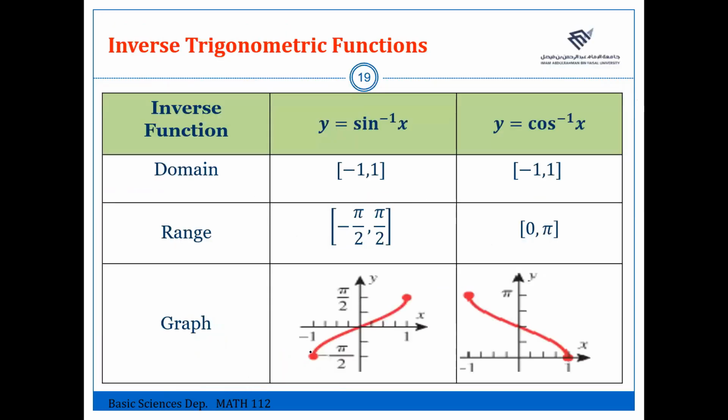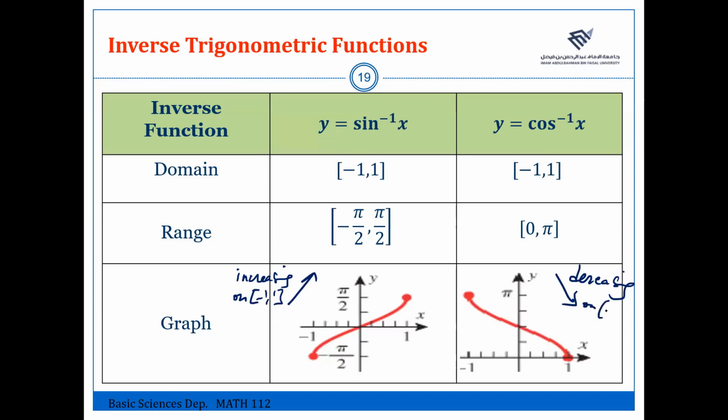Okay, so this is what we can say about the inverse trigonometric functions. They have the same domain. The range of sine inverse is minus pi over 2, pi over 2. The range of cosine inverse is 0, pi. Cosine inverse is decreasing. Sine inverse is increasing on the domain minus 1, 1.